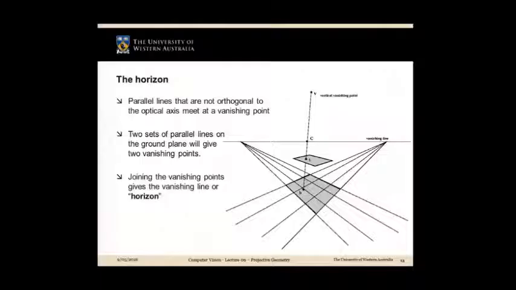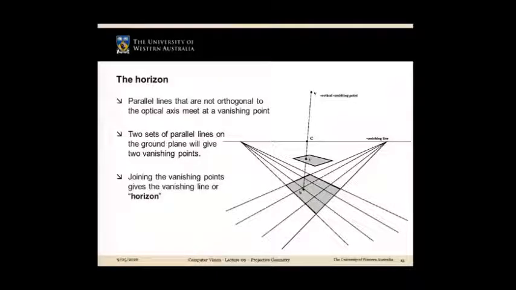They converge at this particular point, right? Then you have a set of parallel lines here. They converge at that particular point. And these lines are not orthogonal to the image plane, right? And these parallel lines give you two vanishing points. And if you join these two vanishing points, what do you get? A vanishing line, and that vanishing line is called the horizon.